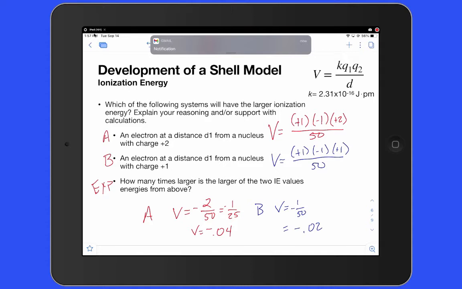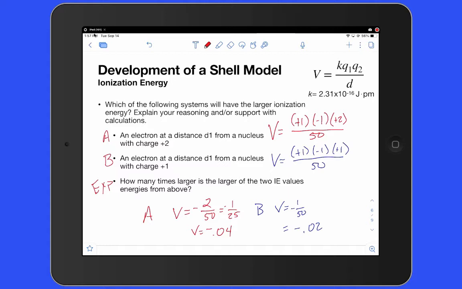Now, the 0.04 magnitude is larger than the 0.02, so A is going to have the larger attraction. It's going to be the higher ionization energy. Ionization energy and attraction are tied together.